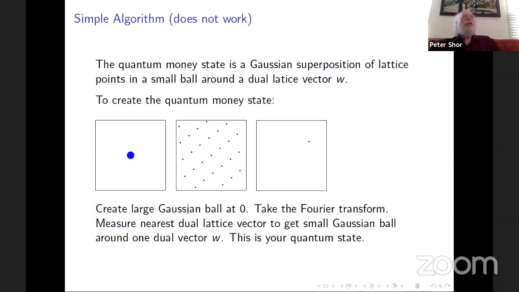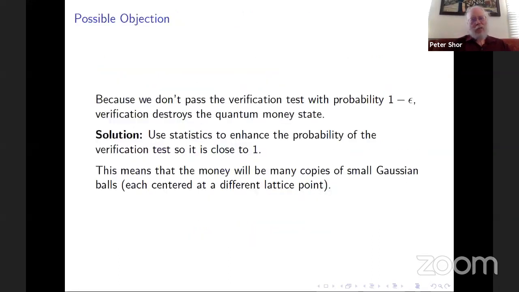Then you want to do some other thing to make sure it's a small Gaussian ball and not some other collection of states near the dual lattice vector. We don't know how to do this with this lattice money, but I will tell you that later. So the BDD is solved using just the public basis for the lattice that parameterizes the quantum money scheme. That's right. Okay.